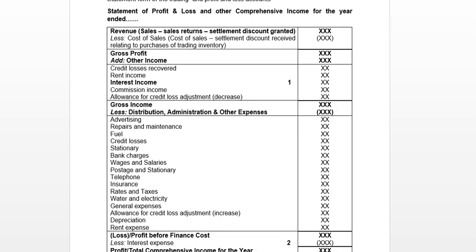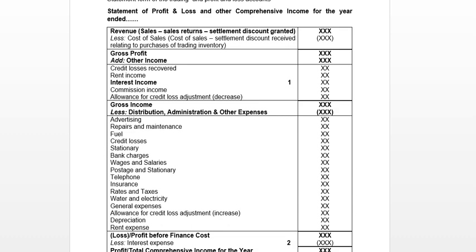We'll start off with your revenue. And what is revenue? Revenue is the sales which you made, less any sales returns. And then we also need to subtract our settlement discount granted. Now, settlement discount granted is where people buy from you on credit, and you want to encourage them to pay back as soon as possible.